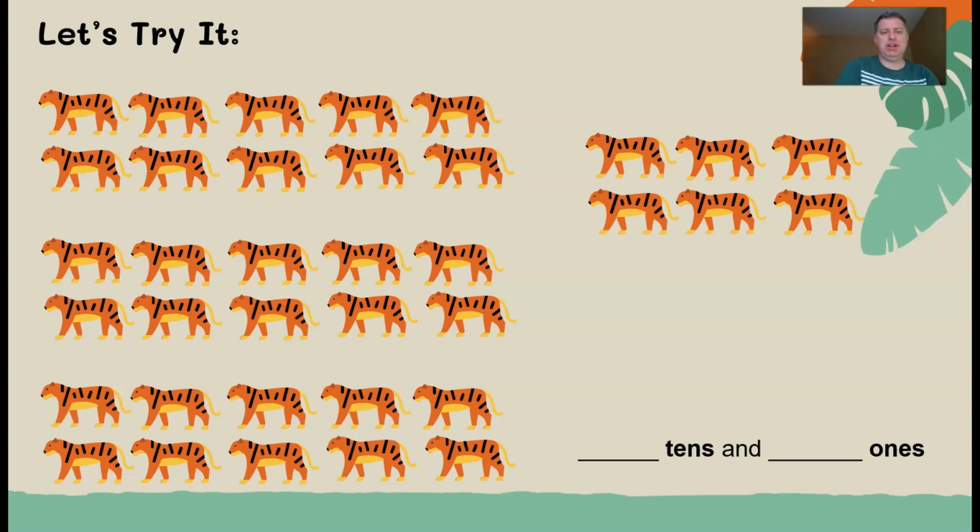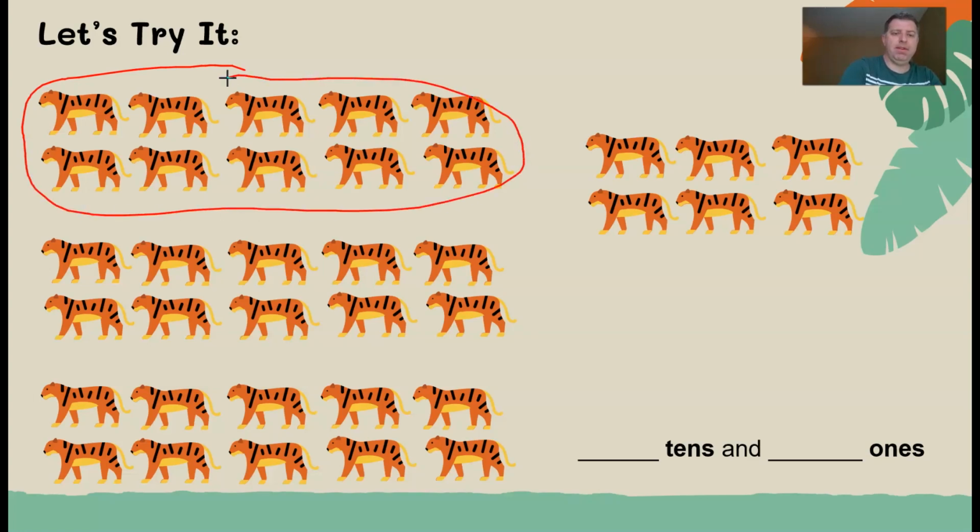Let me do some circling. I see a 10 here. Do you see it? I should see 2 groups of 5. 1, 2, 3, 4, 5, 6, 7, 8, 9, 10. Yep, there are 10 in that group. Do you see any more 10 groups, friends?